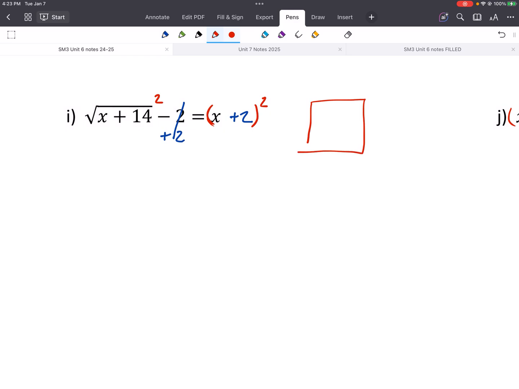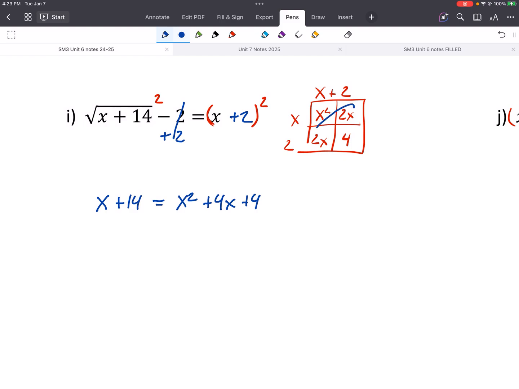So again, that's where we would maybe use a box. So x squared, 2x, 2x, and 4 combine like terms. So anyways, back to here, we have x plus 14 is equal to x squared plus 4x plus 4.